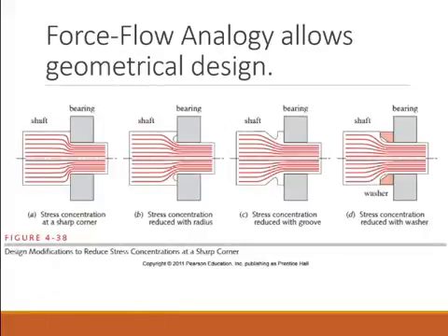So for instance, here are four different ways of reducing the size of a shaft going through a bearing. I have a shaft at one diameter. I know it needs to be a different diameter going through the bearing. And if we look at these four choices for how to design it, it's obvious that this choice here is the poorest choice. This is going to have a huge increase in stresses.